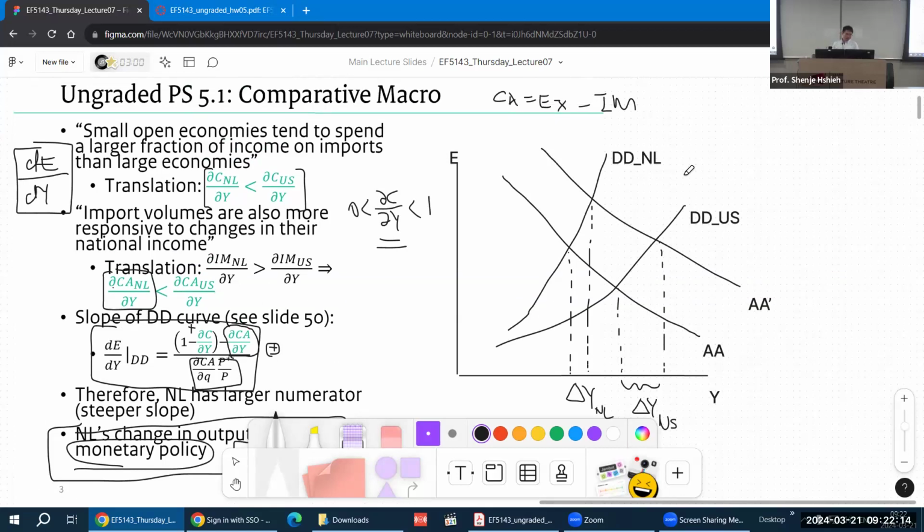All right, so to summarize what we did. First things first, we needed a slope expression between E and Y for aggregate demand for two different countries. We're studying a typical small country like the Netherlands, which is very similar to Singapore, very similar to Hong Kong, and we're comparing it to a large economy like the US.